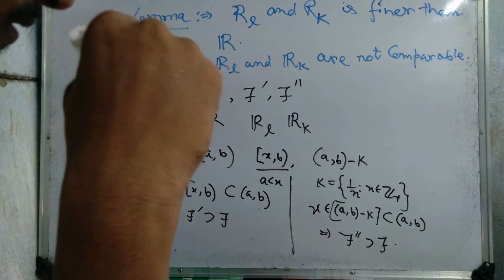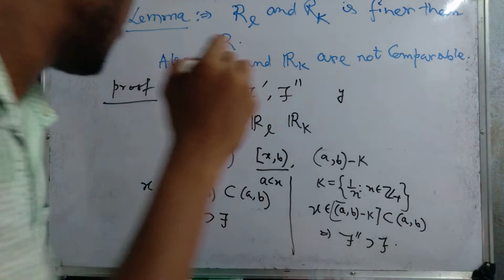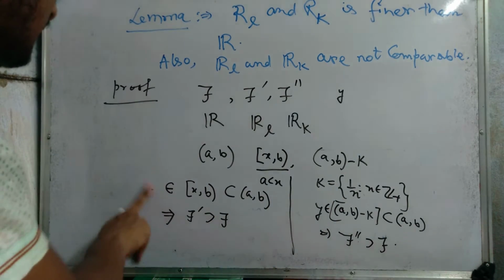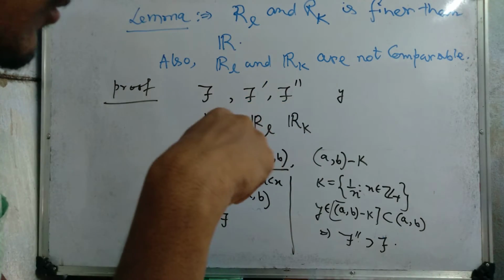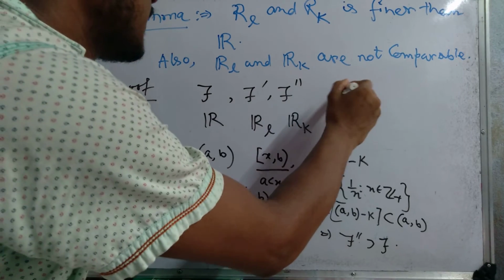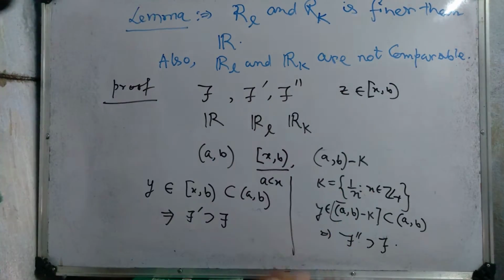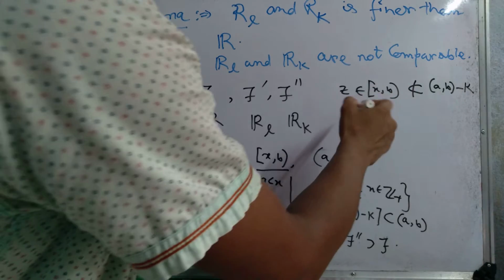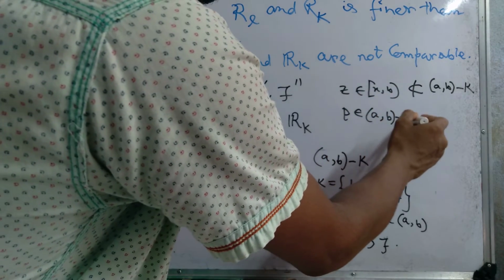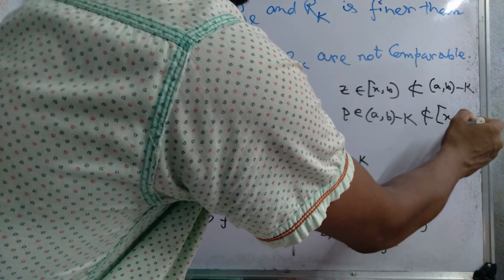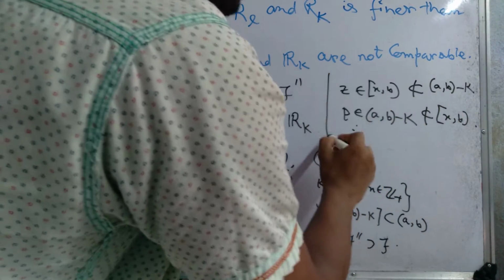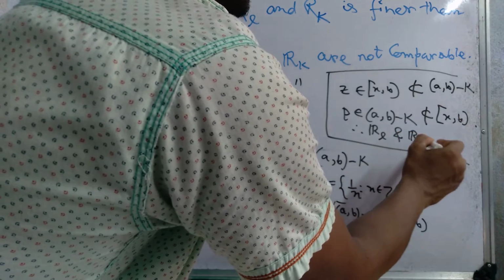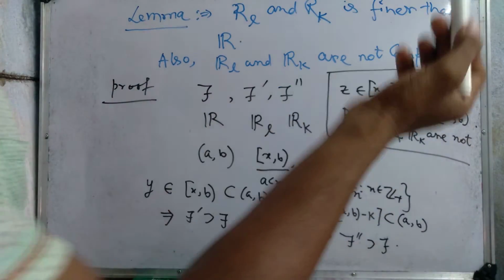That means if we take any element y or z, anything, not x because x is taken here, any element z belonging to this [x, b) is not a subset of (a, b) minus K, and also we can take p belonging to (a, b) minus K, which is not a subset of [x, b). So from this assumption we say R_L and R_K are not comparable.